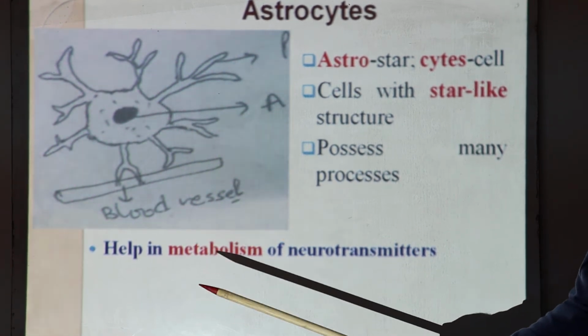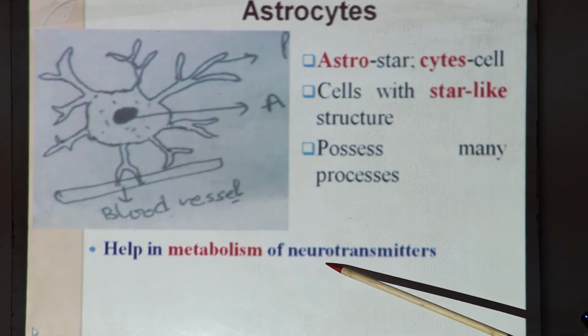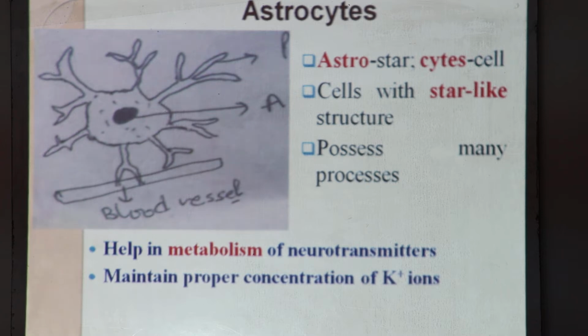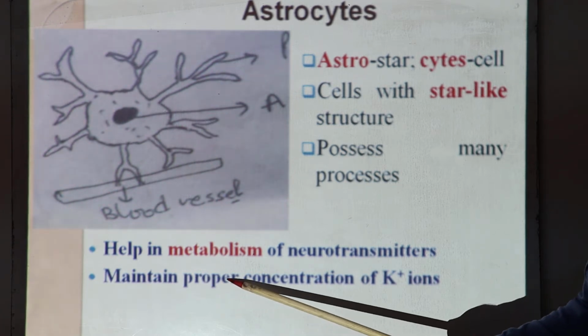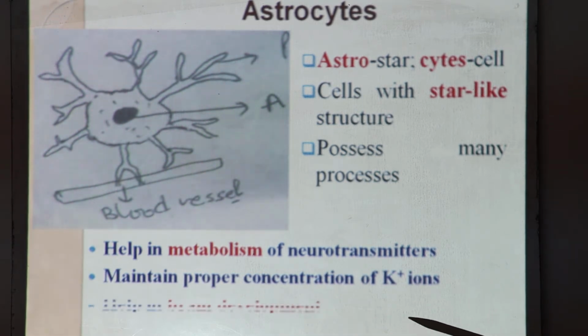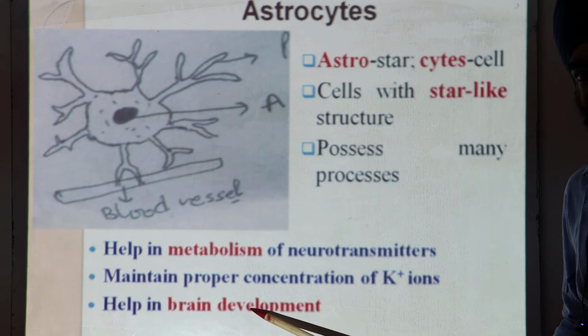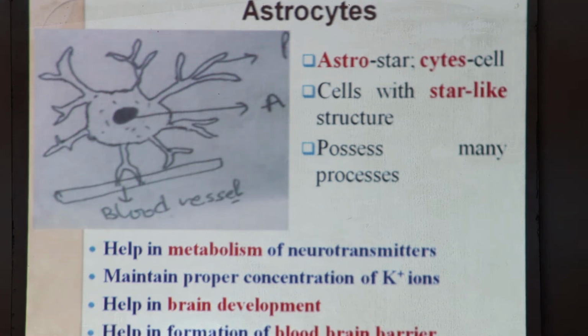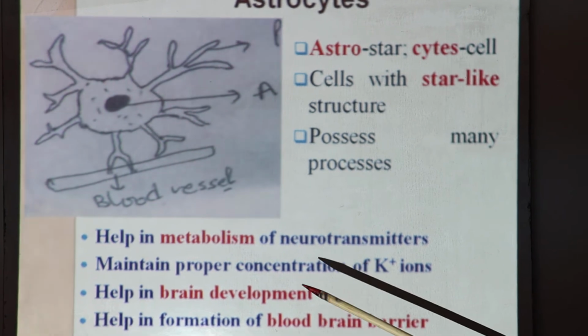A number of functions are there. They help in the metabolism of neurotransmitters. They maintain the concentration of potassium ions. They help in the development of the brain. They also help in the formation of the blood-brain barrier.